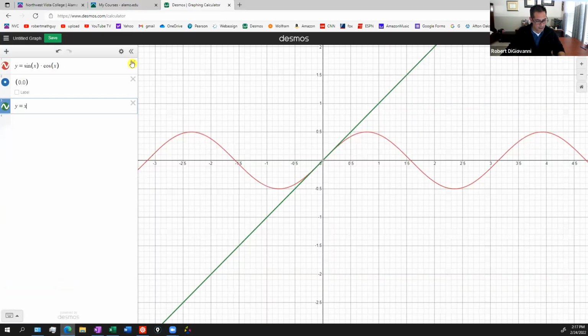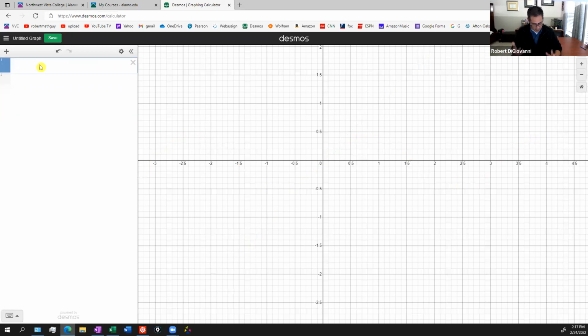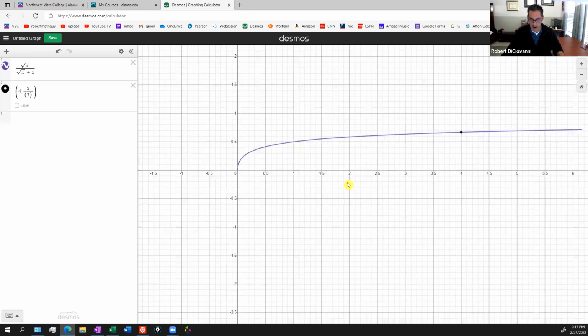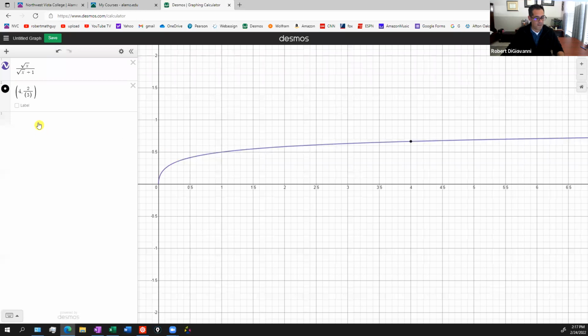Let's graph it. Okay, the original function was square root of x over square root of x plus 1. There's the original graph. Now, we were looking at the point 4, 2/3, right? That point does live on the graph. There it is. And then we found the equation of the tangent line to be y minus 2/3 equals 1/36 times x minus 4.